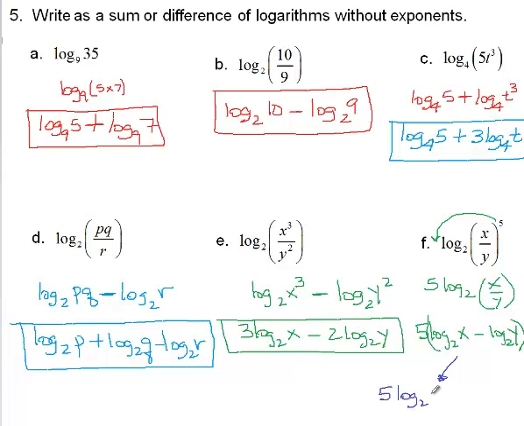It'll be 5 log base 2 of x subtract 5 log base 2 of y. Because see how we did that? Because this number is out front of the log, before you change it to subtraction, you had to multiply by both. Okay? So there you have some solutions for you.